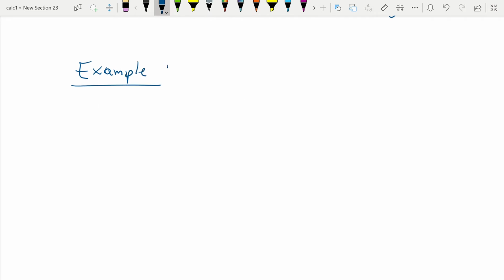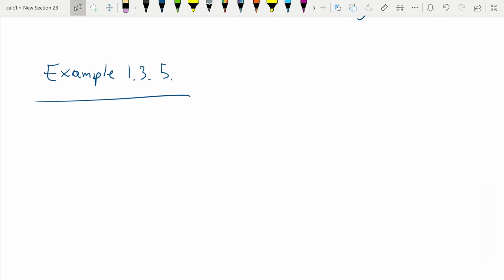So the example is example 1.3.5. We're going to consider two intervals. Consider the open interval (0, 2).